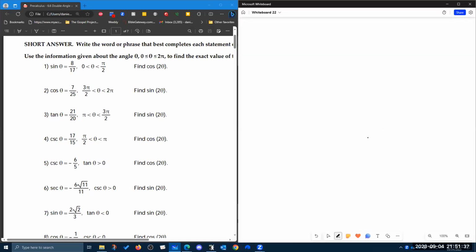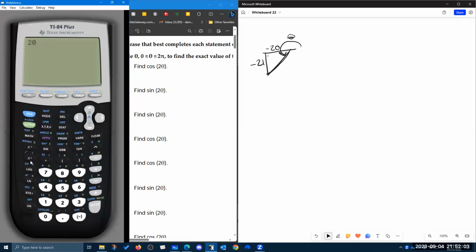Now we have tangent in quadrant 3. My theta is in quadrant 3 and has a tangent value of 21/20. 20 squared plus 21 squared, square root. I want to say this is 29. Yep. I just wanted to check to be sure.